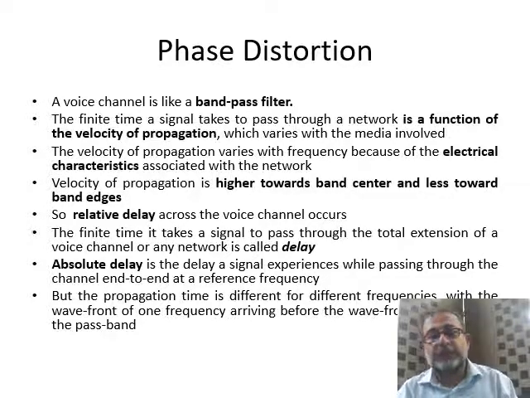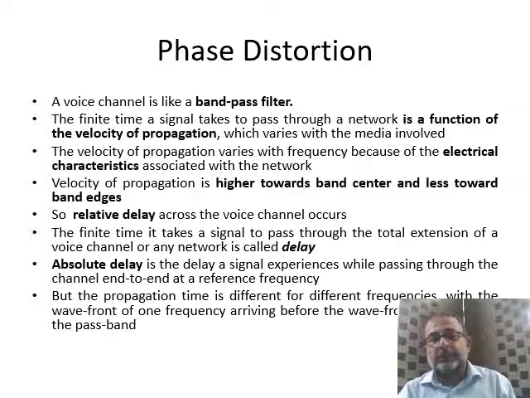Now, what is phase distortion? A voice channel is basically like a band pass filter. It allows a few frequencies to pass, some higher frequencies and some lower frequencies, and not beyond that. The finite time a signal takes to pass through a network is a function of the velocity of propagation.